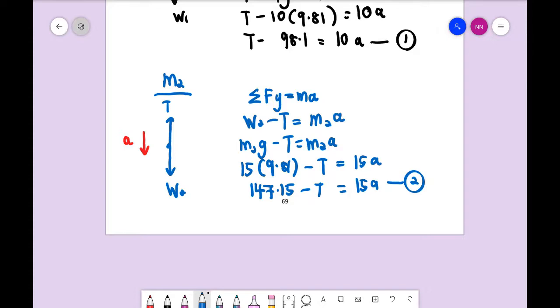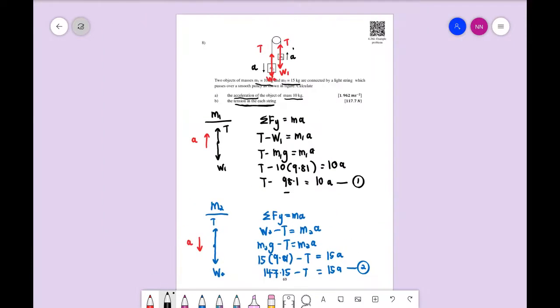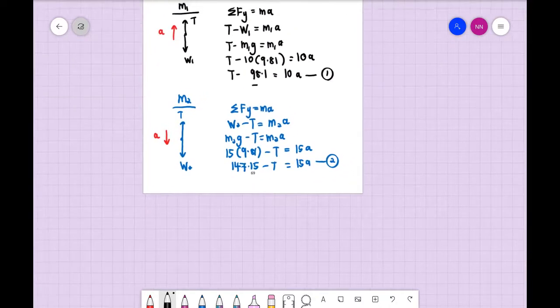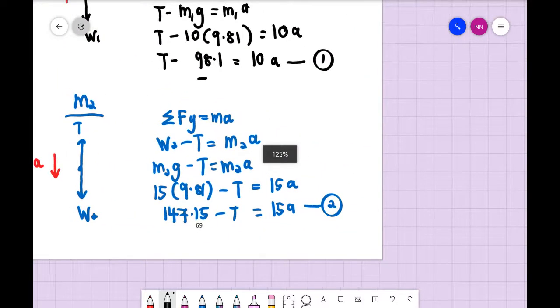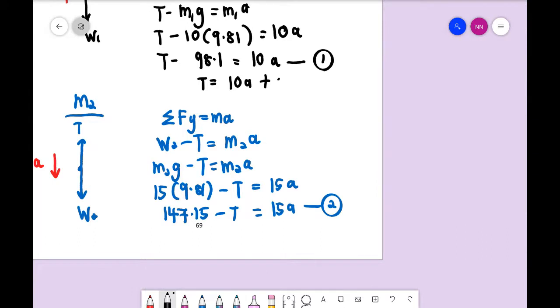So either you can substitute equation 1 into equation 2, and then we can get the value of A. From equation 1, maybe we can let T be the subject. So T equals to 10A plus 98.1.